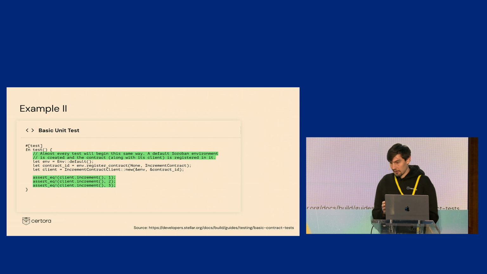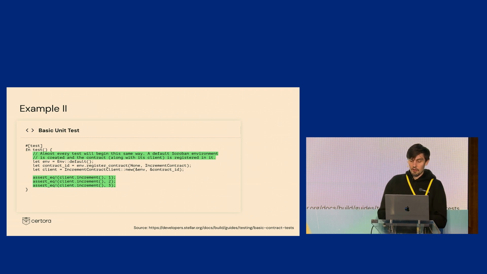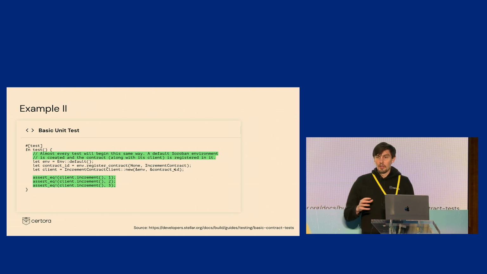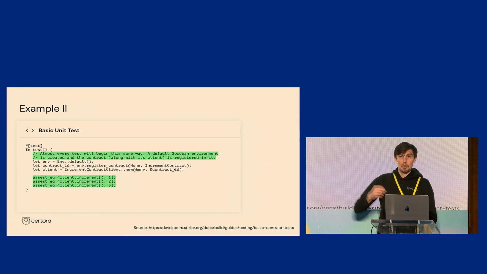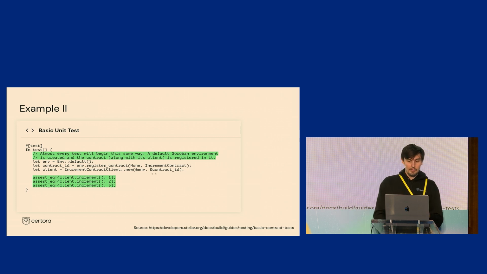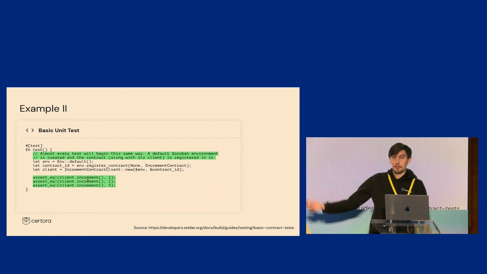I brought a second example, taken from the Stellar documentation as well, to show you where this may break. In this example, you have an increment contract that just has storage information about a counter, and whenever you call the function increment, you increase this counter.